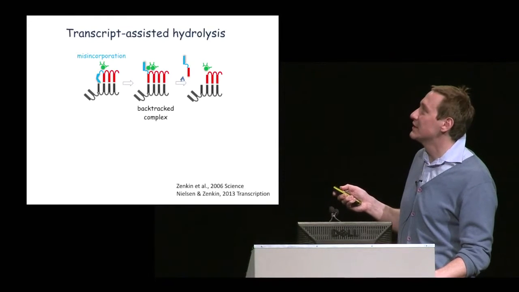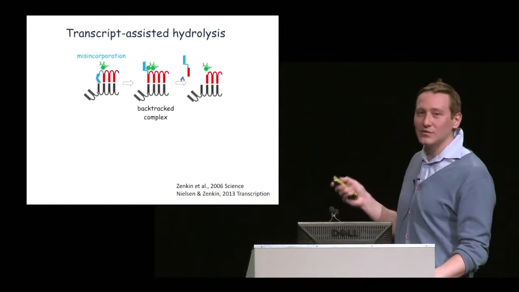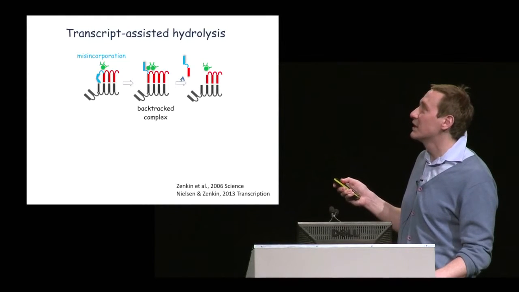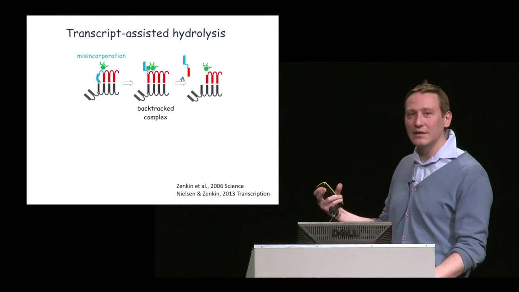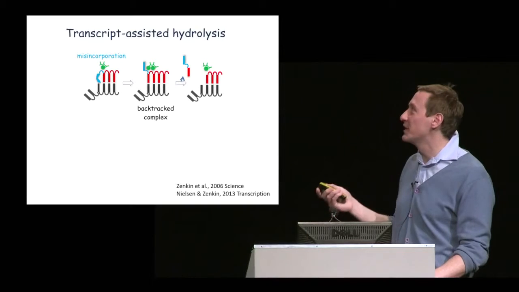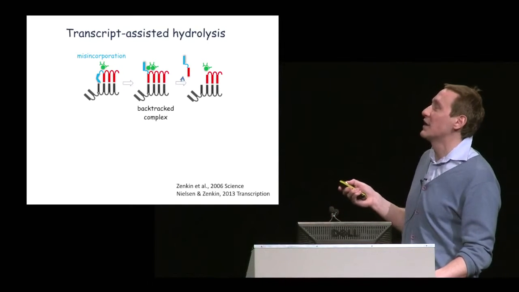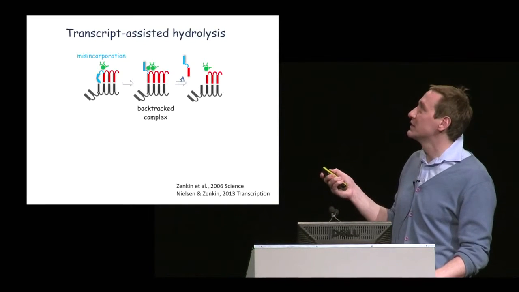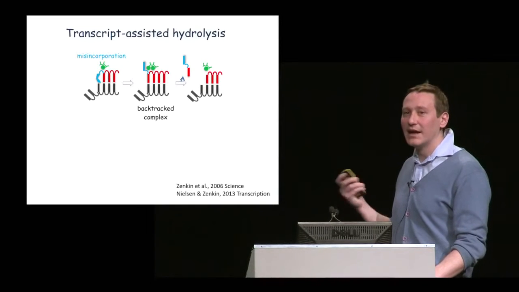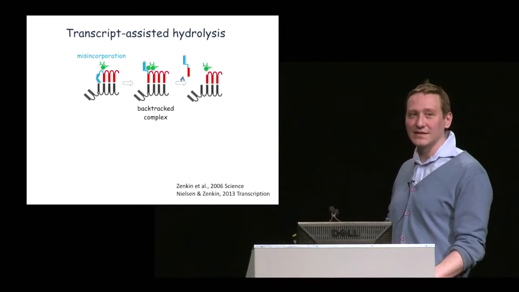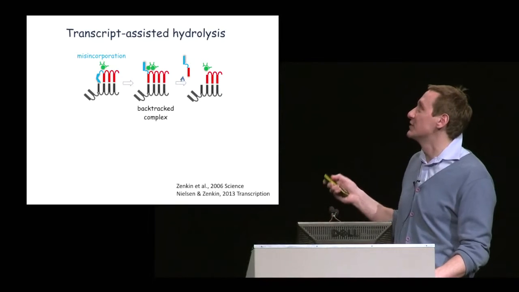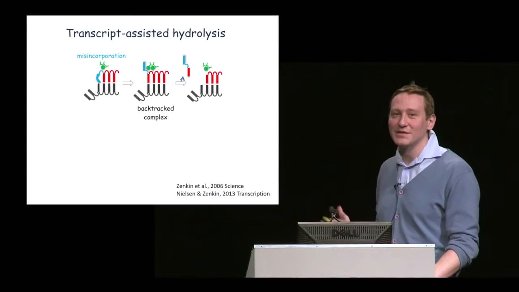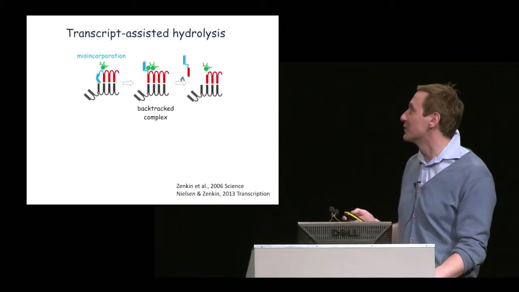When it breaks, the erroneous nucleotide wants to flip out. When it flips out, RNA polymerase shifts backward, forming a backtrack complex. And as we now know, in the backtrack complex, this flipped nucleotide helps RNA polymerase to excise itself from the transcript. So it is sort of a self-correcting mechanism of the transcription.